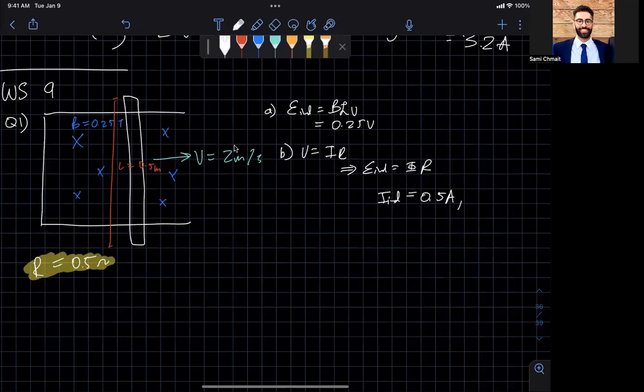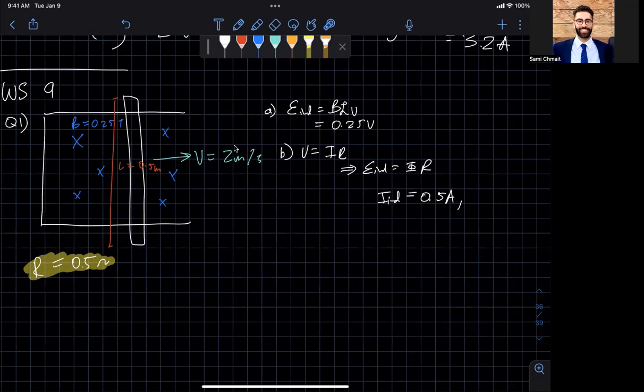Now, the question of which way the induced current goes, well, you have to ask yourself this. As this rod moves this way, we're going to have more going in. To oppose that change, we need to have more going out. Because it's more going out, if you memorize the table that I taught you before, you'll know that's counterclockwise.